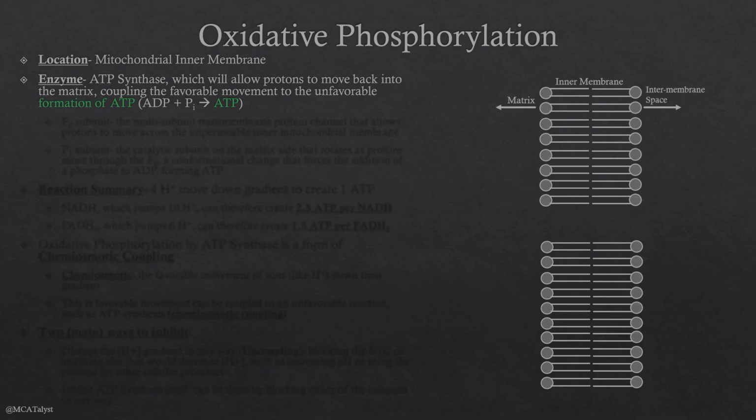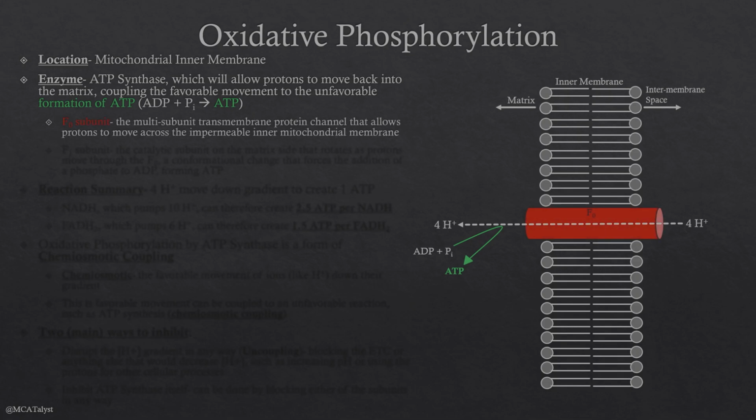This is a favorable movement that with enough protons moving, with enough essentially potential energy generated by the movement of these protons, we can essentially force the reformation of ATP. We can force ADP to accept another phosphate, forming ATP. And of course, we're going to be able to use that ATP for whatever we want. We are allowing protons to move back into the matrix, and we're coupling that movement to the formation of ATP, essentially.